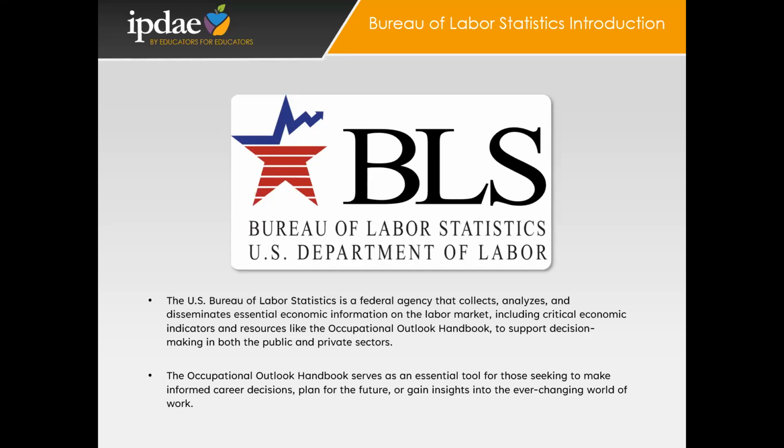The Bureau of Labor Statistics, or BLS, is organized into several divisions, each focusing on a specific aspect of the labor market. Some of these divisions include the Office of Employment and Unemployment Statistics, the Office of Prices and Living Conditions, the Office of Compensation and Working Conditions, and the Office of Productivity and Technology.